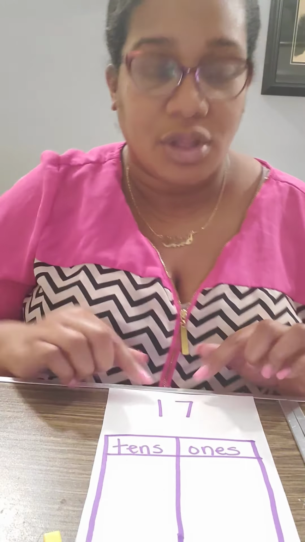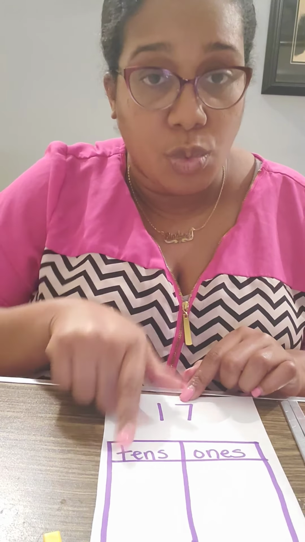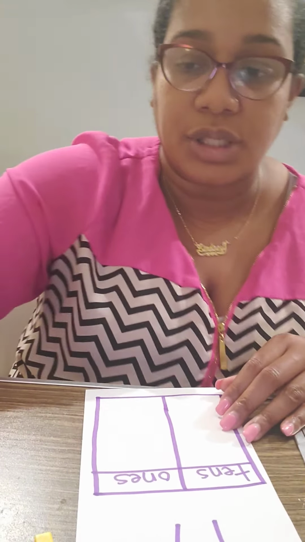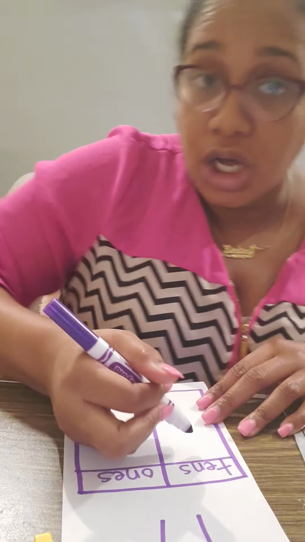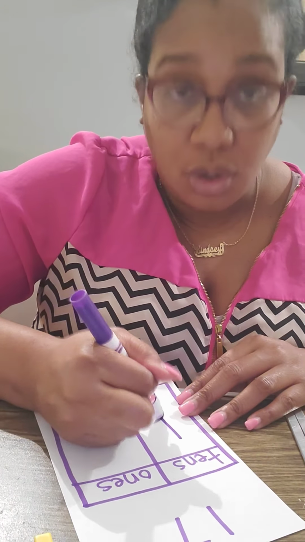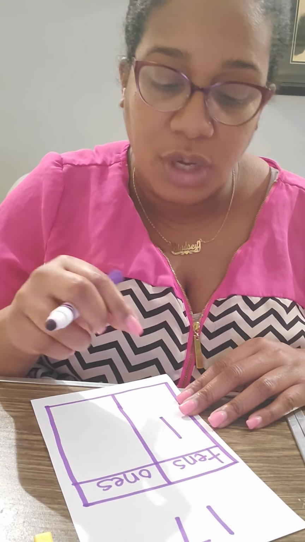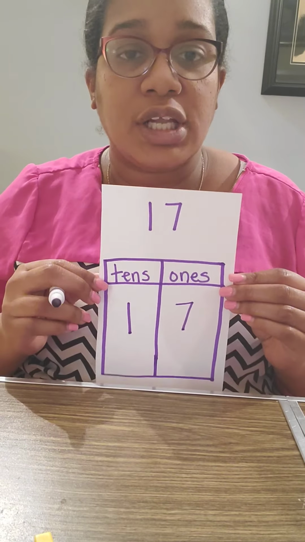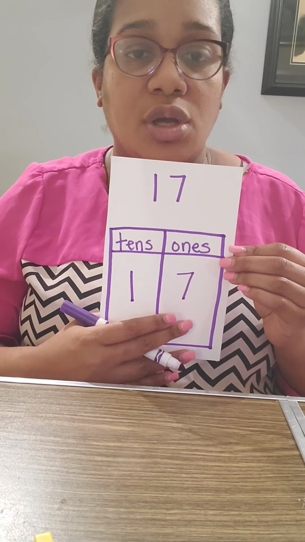You guessed it, the number. If you take a look at the number, you can tell where it goes. So if I have 1 ten, under tens, I'm going to put 1. If I have 7 ones, under ones, I'm going to put 7. So my chart is telling me that in the number 17, I have 1 ten and 7 ones.